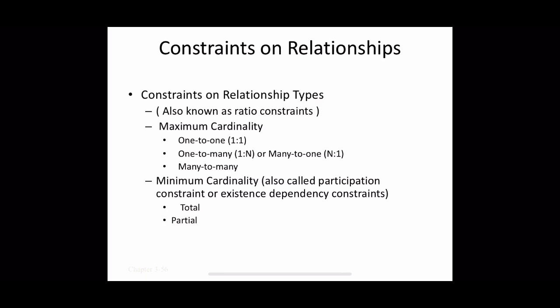We can see another example for that. We don't expect every employee to manage a department, right? So the participation of employee in the manages relationship is partial, meaning that some, or part, of the set of employee entities are related to some department entity via manages, but not necessarily all. Such a relationship is called a partial constraint or partial dependency.